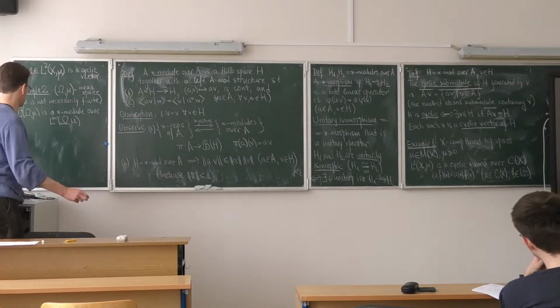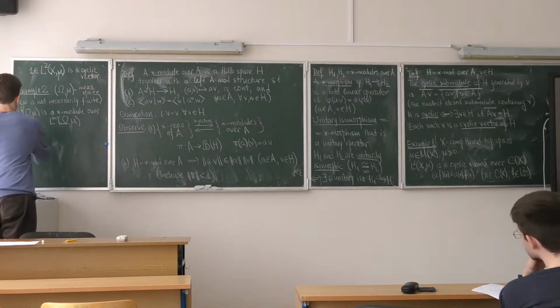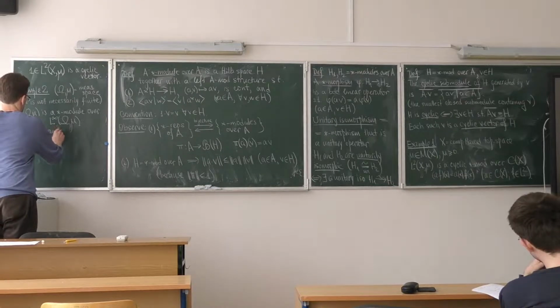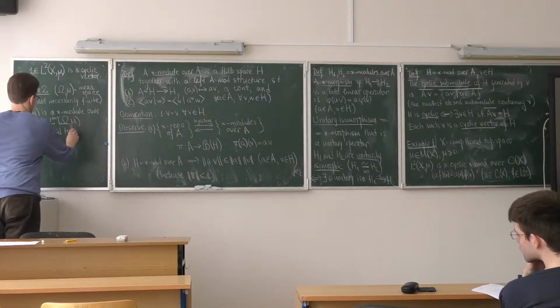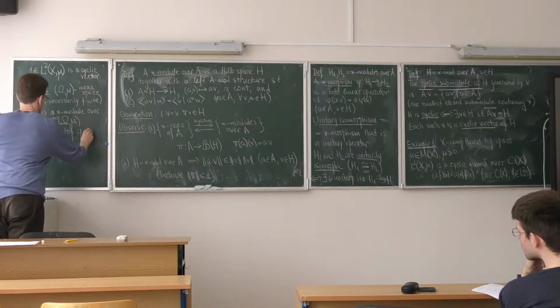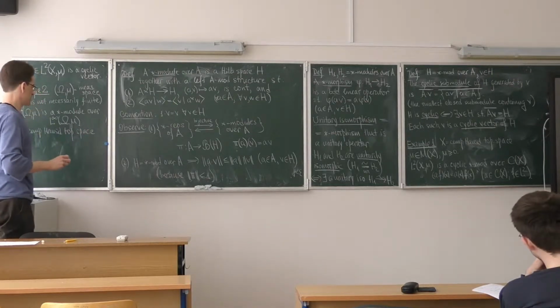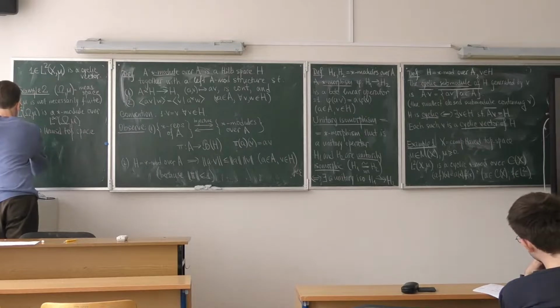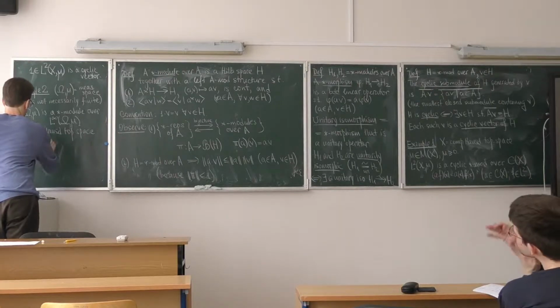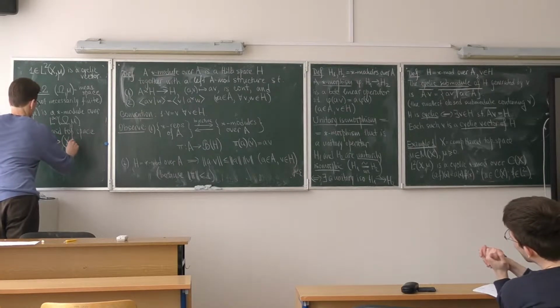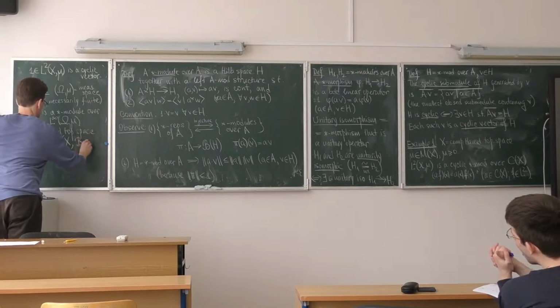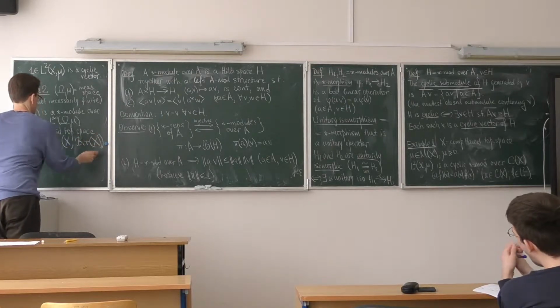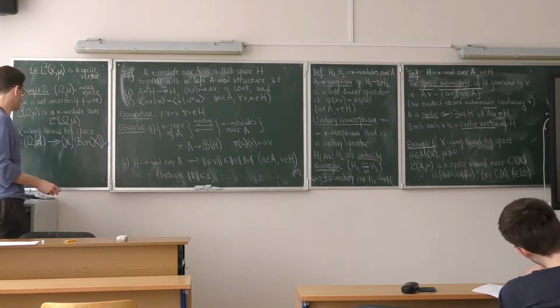And now let's suppose that we have a compact Hausdorff topological space X, and a measurable map phi from omega to X. When I say measurable, I mean that it is measurable with respect to the Borel sigma algebra, that is, the preimage of every Borel set is measurable.